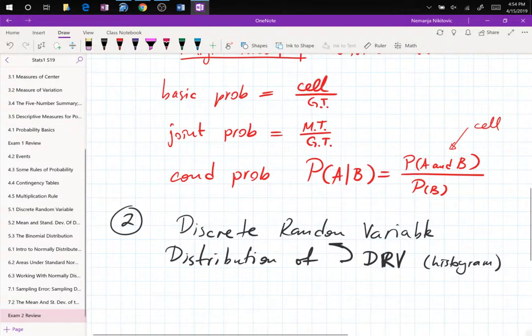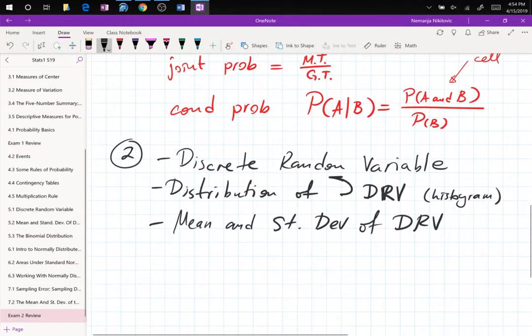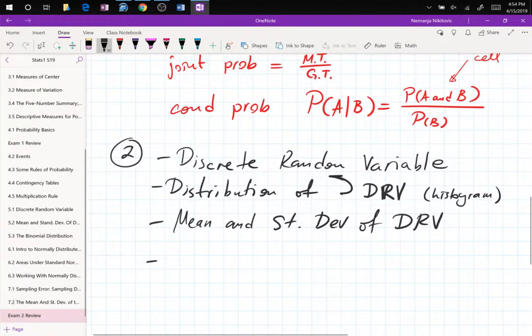And then we had the mean and standard deviation for these things. We also did mean and standard deviation of a discrete random variable, and binomial distribution.